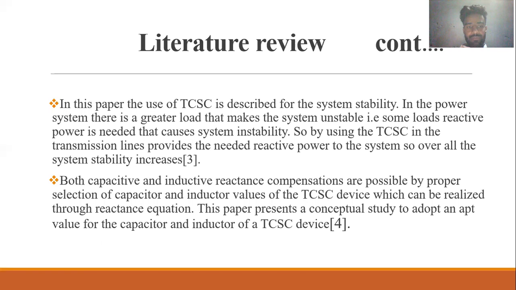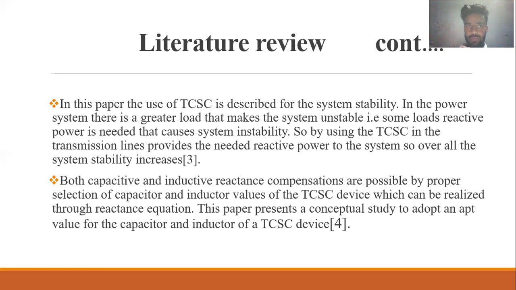In the next paper, we studied how both capacitive and inductive reactance are compensated, because for the system at no load, we operate the TCSC in inductive mode, where it provides XTCSC impedance.